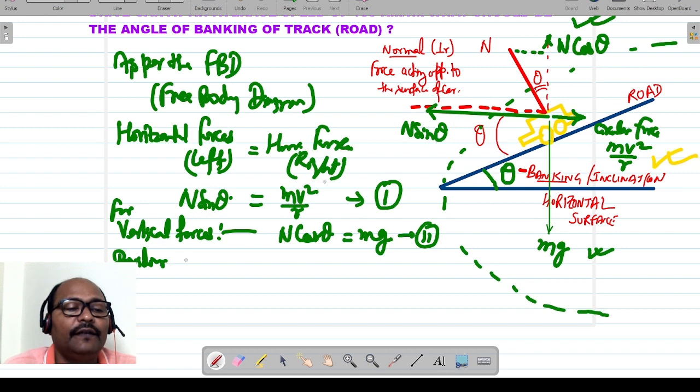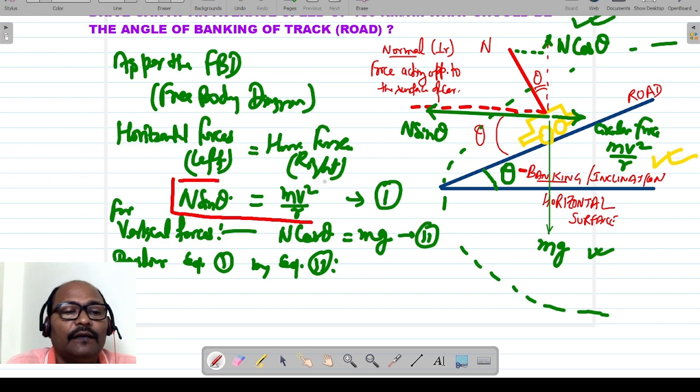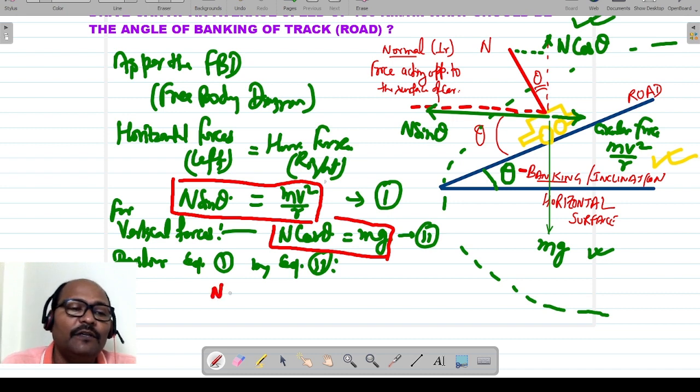Dividing equation 1 by equation 2, equation 1 is N sin theta equal to mv square by r, and equation 2 is N cos theta equal to mg. When we divide, the numerator will be divided by numerator.